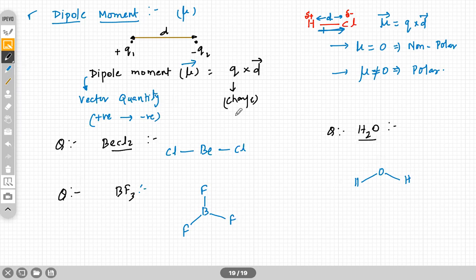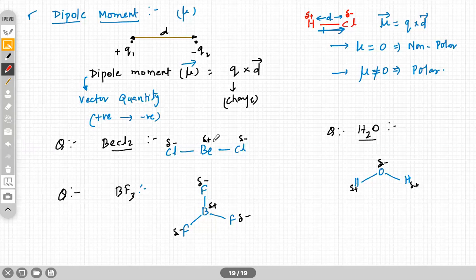Now you see chlorine is more electronegative, delta negative. Fluorine is more electronegative. Oxygen is more electronegative. Right? The others are delta positive. Now, because of this charge separation, we have dipole moment in this molecule.